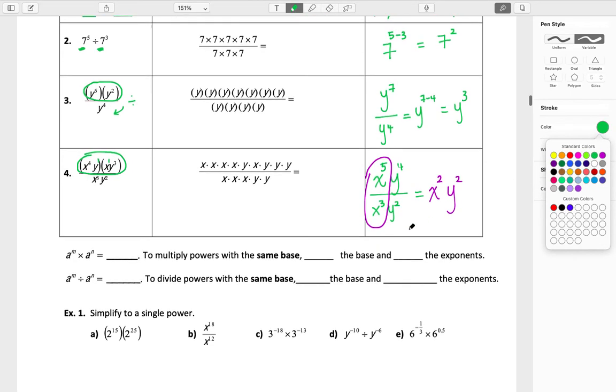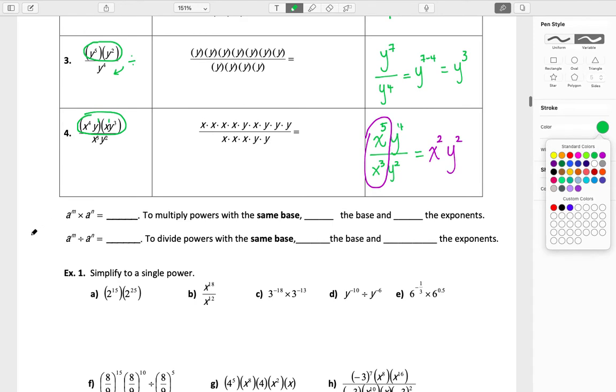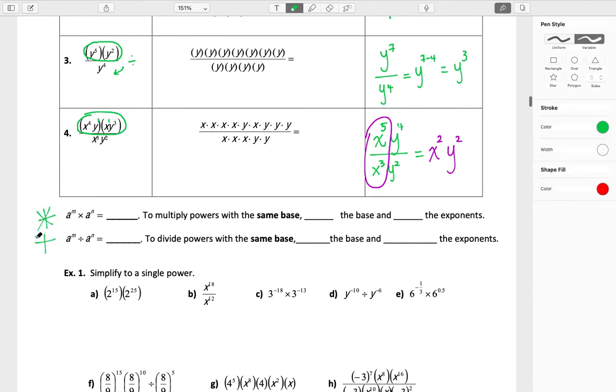So what are the rules? Well, these two are very important rules that you would want to highlight. When you have the same base of a, when you're multiplying, you add the exponents, m plus n. So to multiply powers with the same base, keep the base and add the exponents.